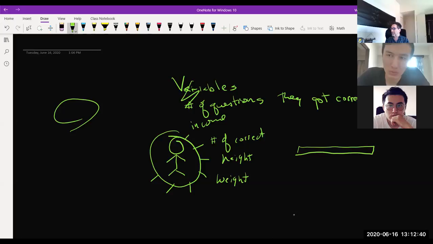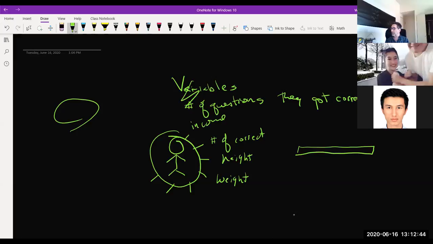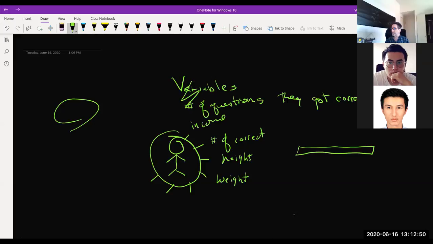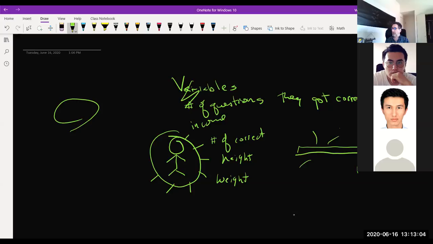I don't think many people are interested in light bulbs, but if we were, what could we be interested in? What attributes? How much energy they consume. Okay, energy consumption.